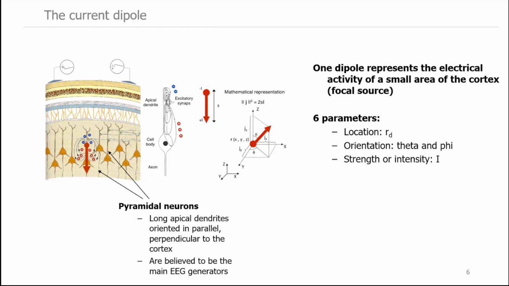So basically, the orientation, as you saw with the radial and the tangential sources, really also defines how you have the electrical field at the different electrodes. And then there's one last parameter, the strength or intensity. And this means, how strong is the source? Is it an oscillating source? Or things like this.